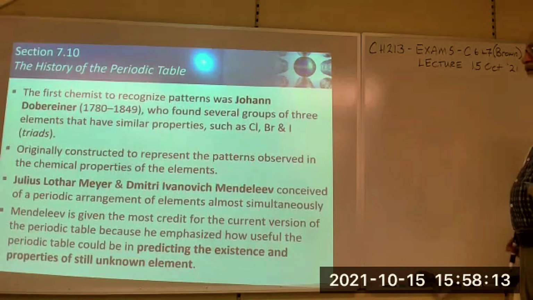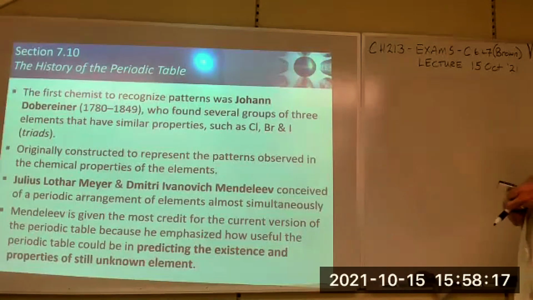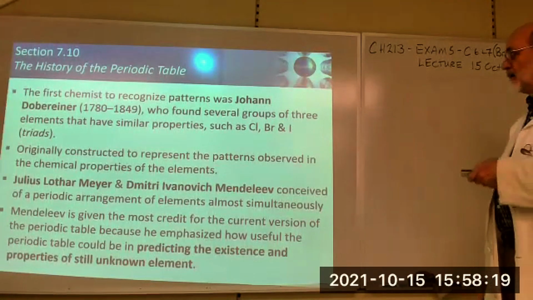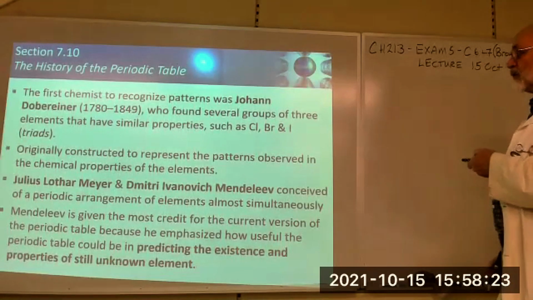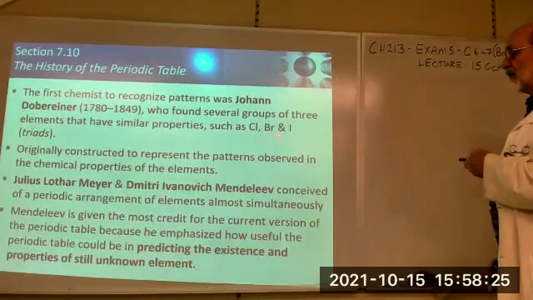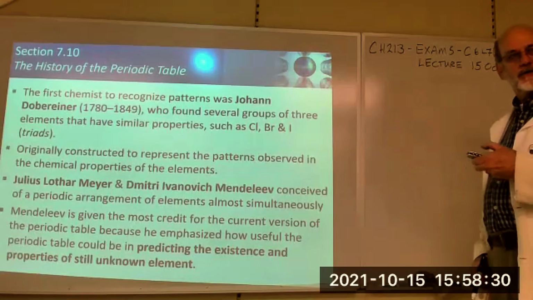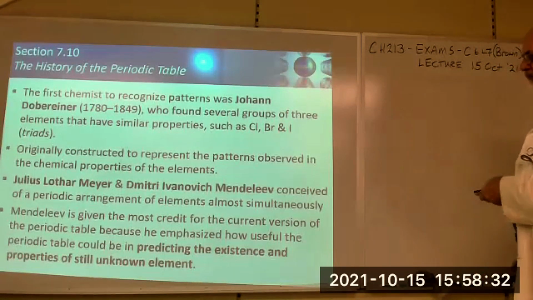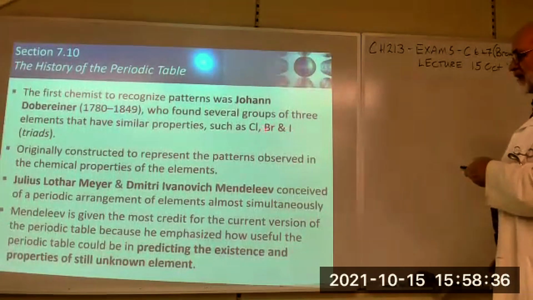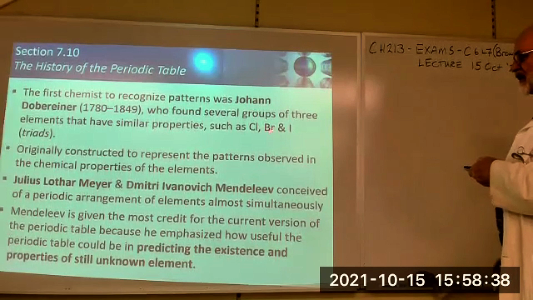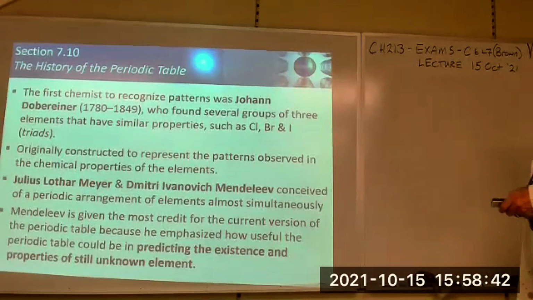He found several groups of elements that had similar properties, called triads. The best example would be a group of halogens: chlorine, bromine, iodine. They all had similar chemical properties. Actually, their physical properties were pretty different. Chlorine's a gas, bromine's a liquid, iodine's a solid. So it was more based on their chemical properties.